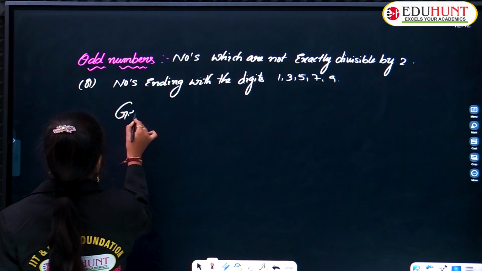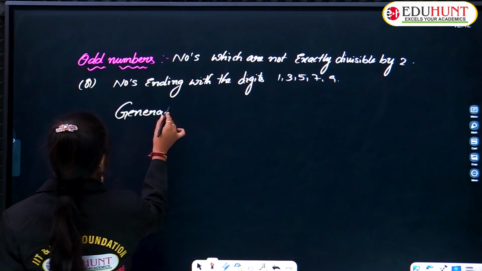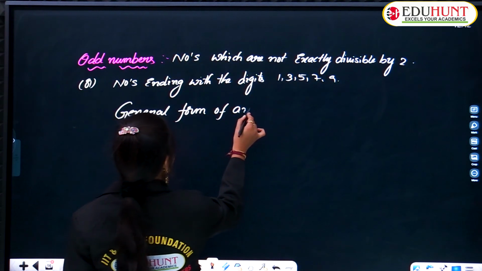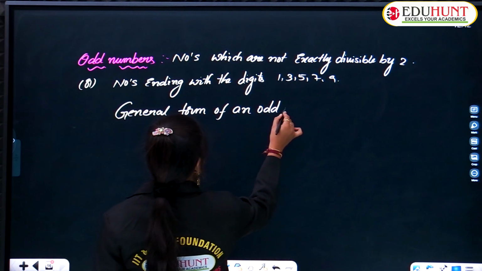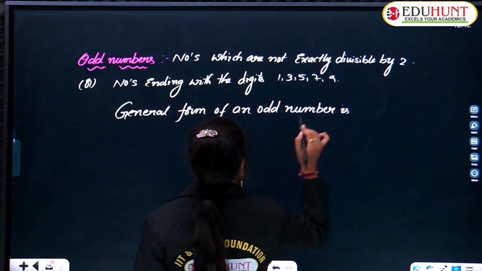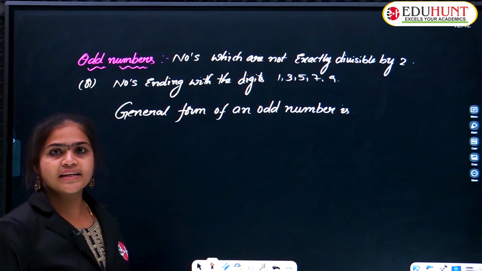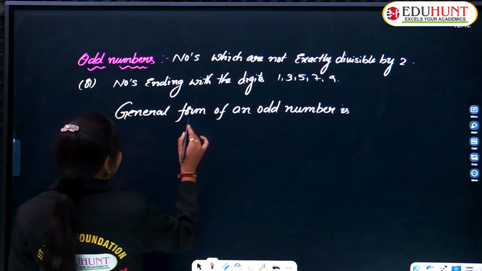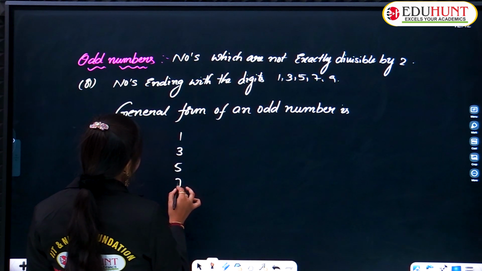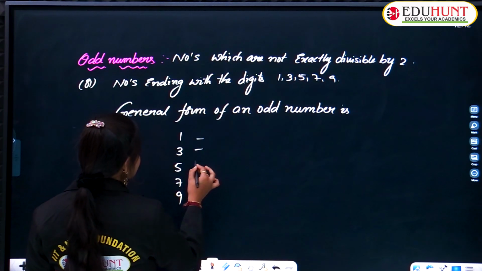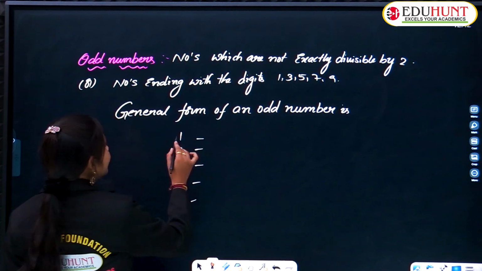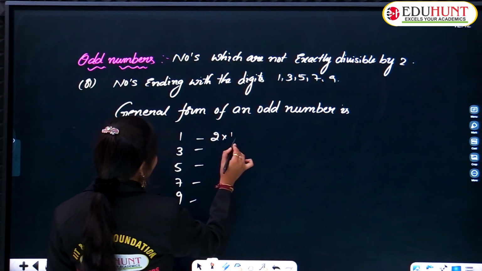And in the same way, what is the general form of an odd number? See that, again I am writing here 1, 3, 5, 7, 9. Those digits only I have written here. We can write this as 2 into 1 minus 1.